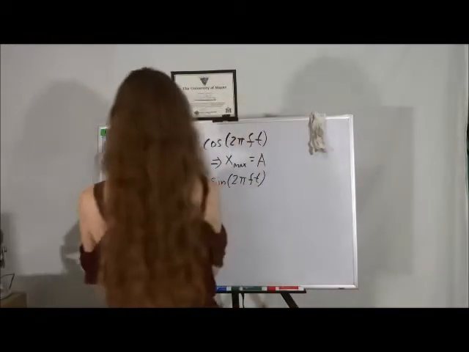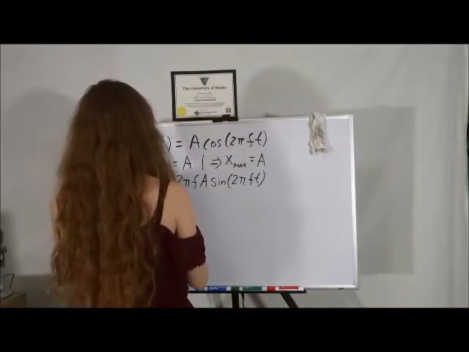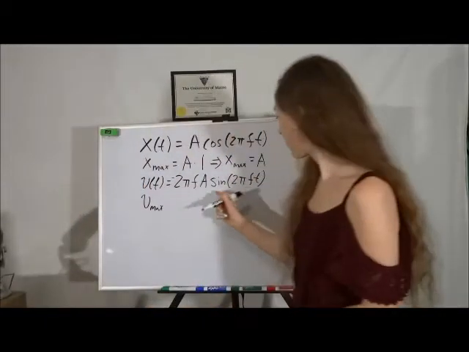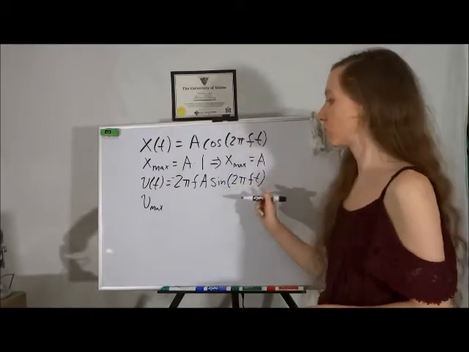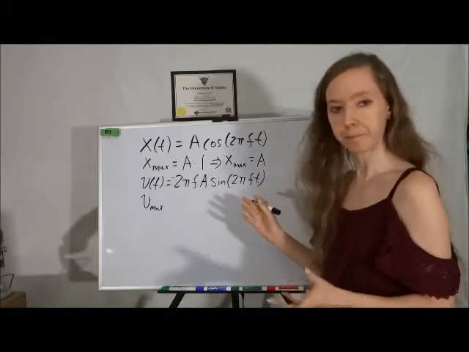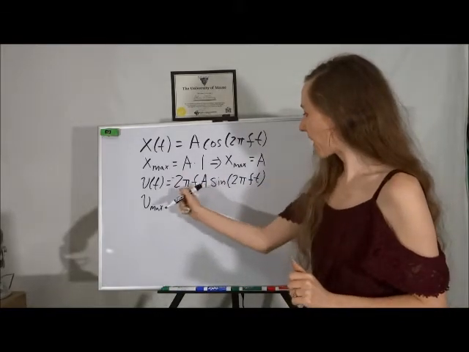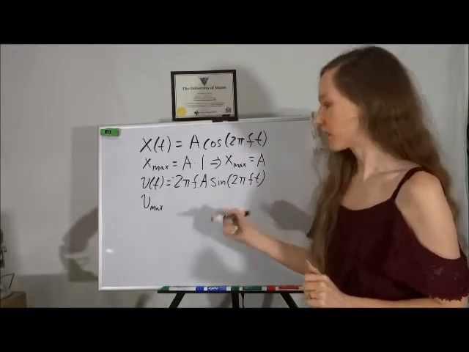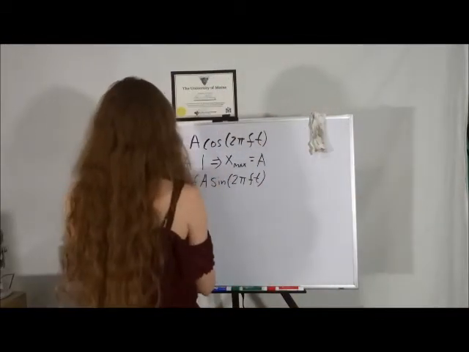So we're going to get v max, because sine is going to oscillate between -1 and +1, so if this is -1, the negative sign will go away. 2 pi, f, and A are all constants, so they're going to stay the same.